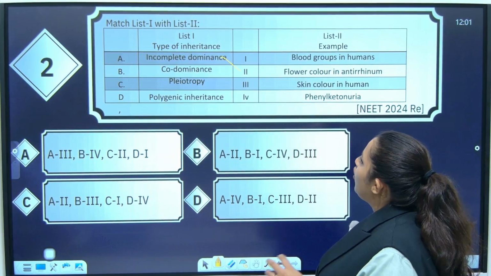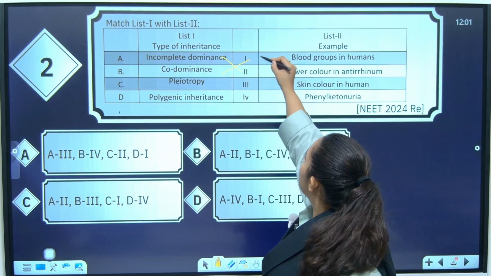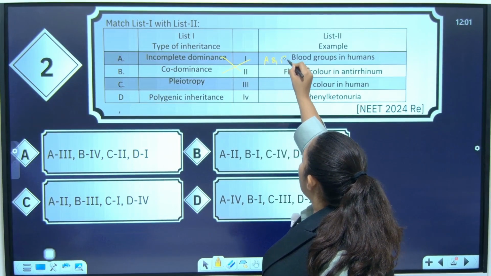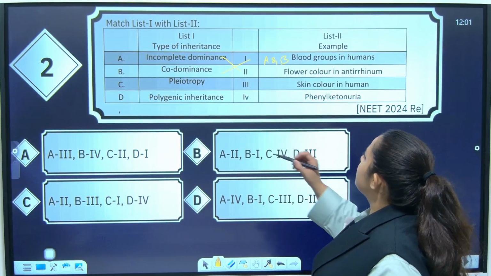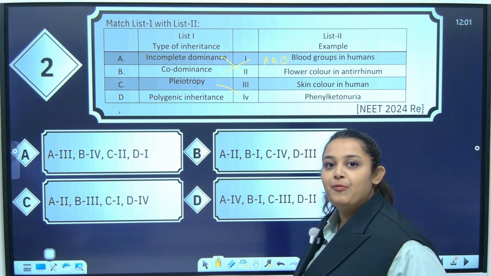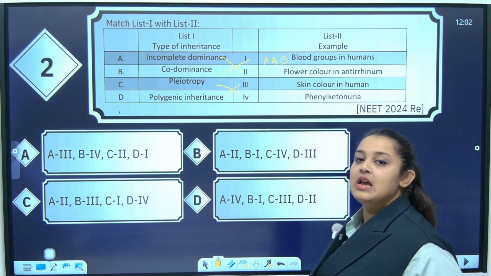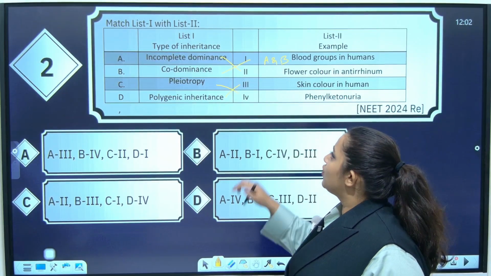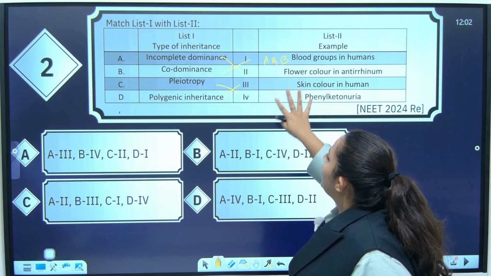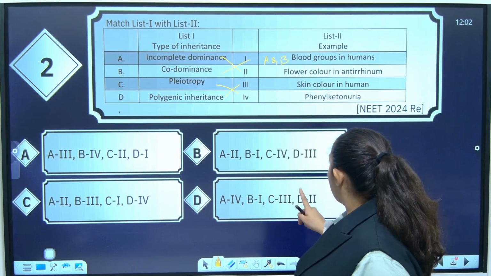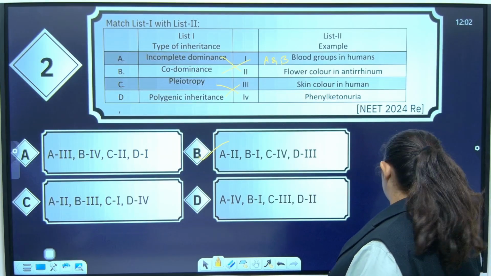Codominance is seen in blood group, between A and B. Then pleiotropy has the example of phenylketonuria, and polygenic inheritance is seen in skin color. So what is the option? 2, 1, 4, 3. Option B is the correct answer.